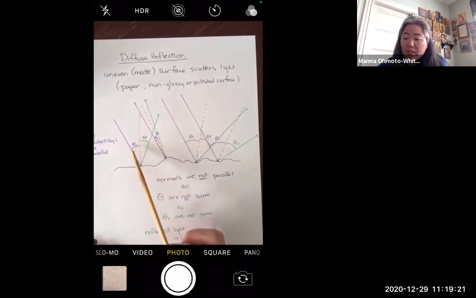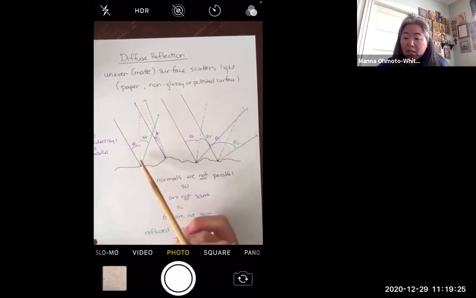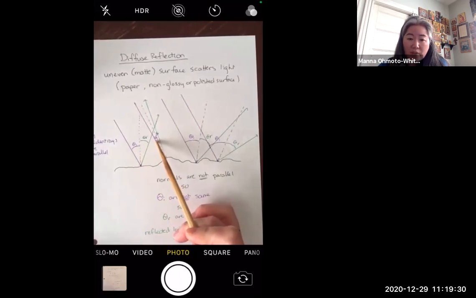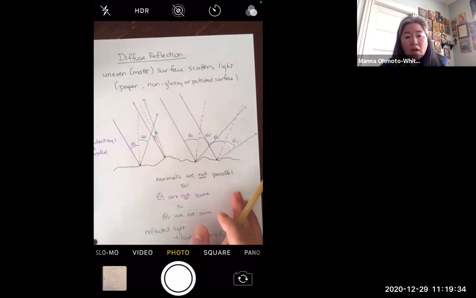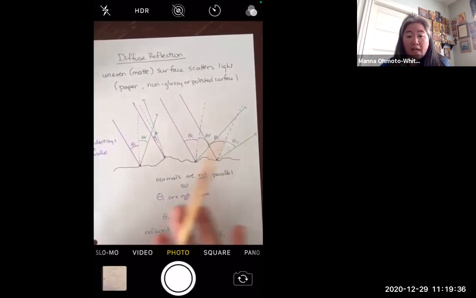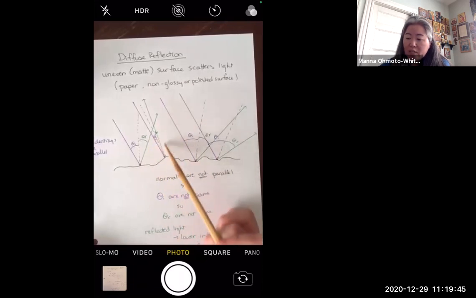So even though they're coming in at the same angle to the surface, kind of, because it's craggy, this angle here is going to be much larger than this angle here. It's going to be different than this and this. And the more uneven the surface, the more you're going to have this incident light angle be completely different from one another. So as a result, my reflected light is being scattered in lots of different directions.